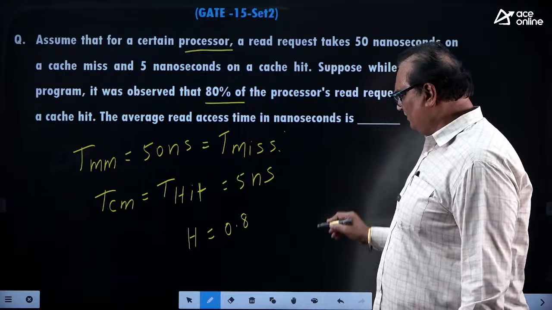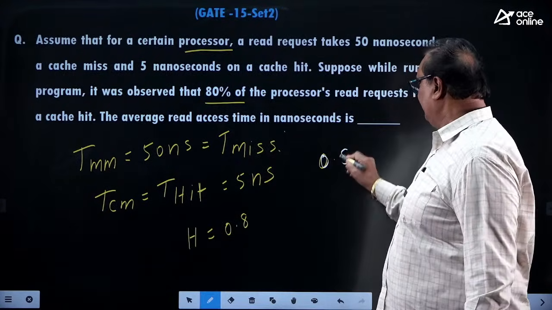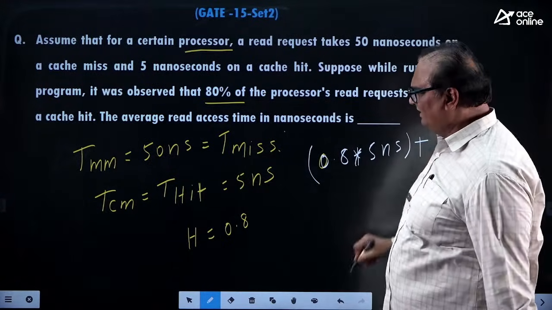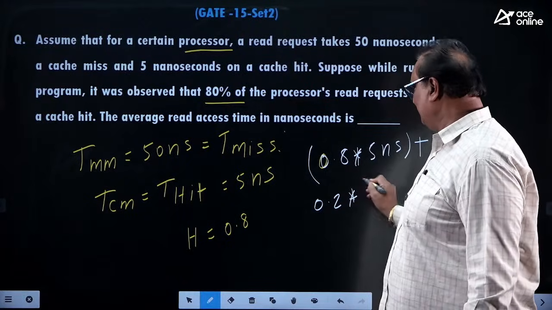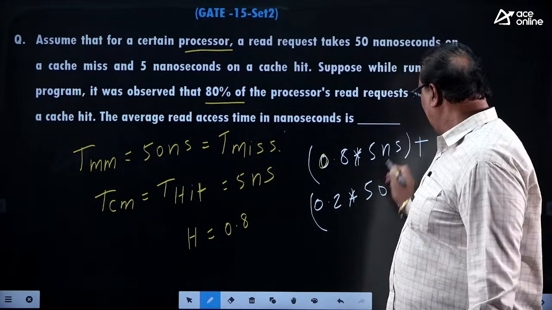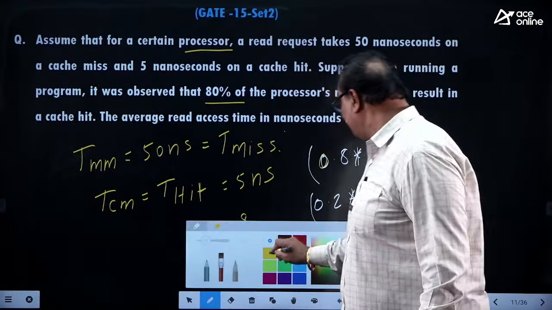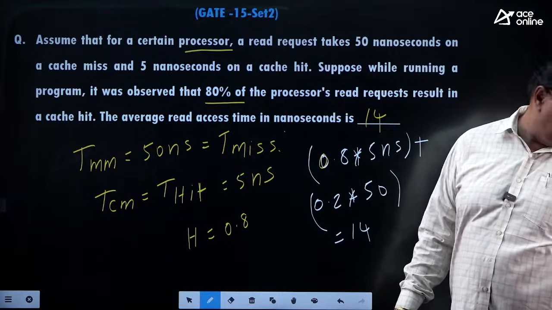Hit rate 0.8 into hit time 5 nanoseconds plus miss 0.2 into miss time 50, nothing but 10 plus 4, 14. So our answer is 14 for this. Copy this. Watch this one.